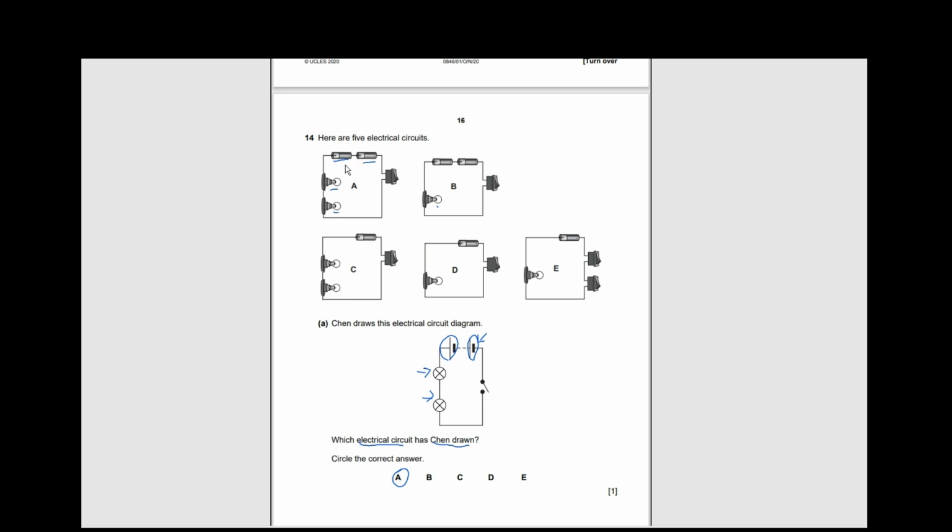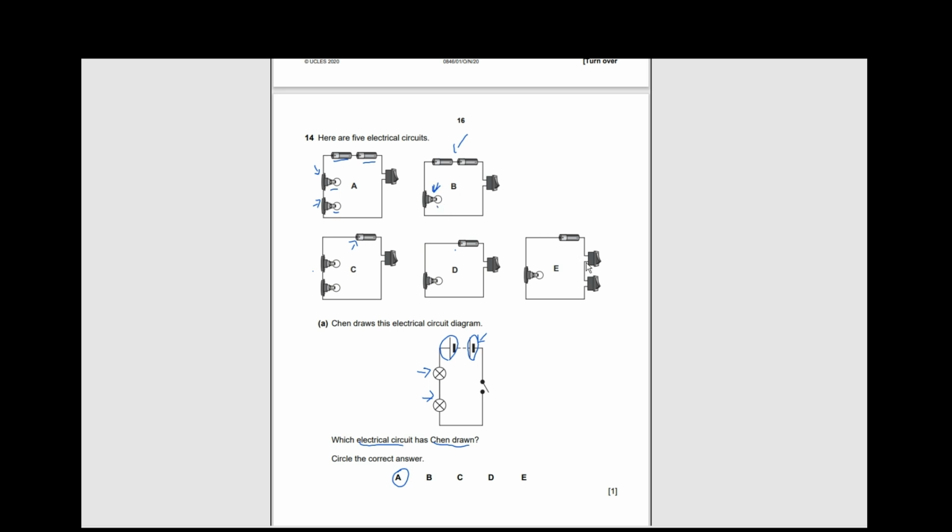The electrical energy, or current, supplied by these cells is distributed equally to the lamps, and here as well. But this one is lesser because there's only one cell and one light bulb. For B, it has two cells and one light bulb, so there's no second bulb. The electric current is not distributed, so only one is getting a lot of current. So we can say B.